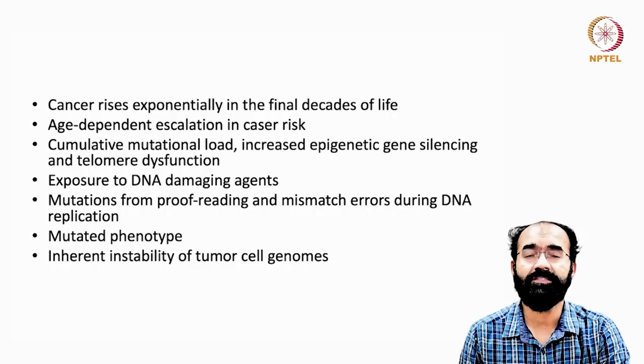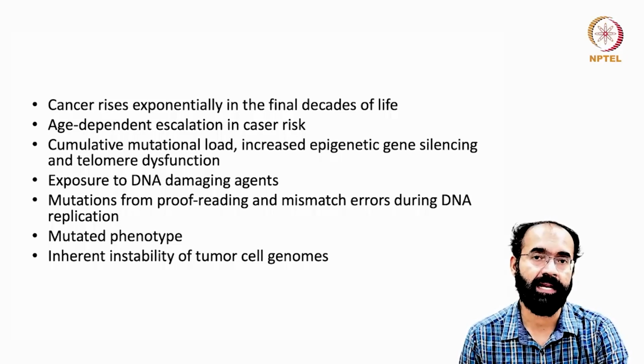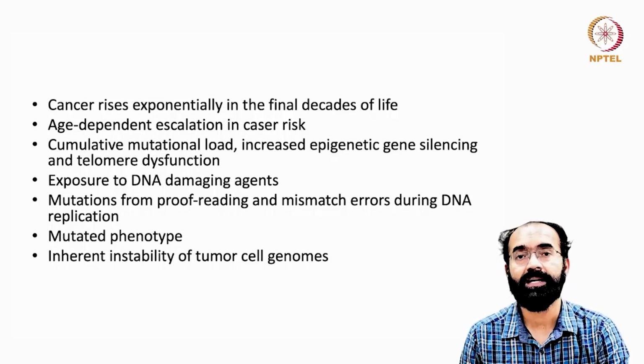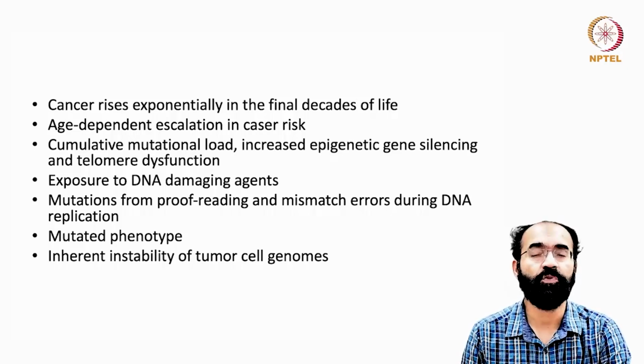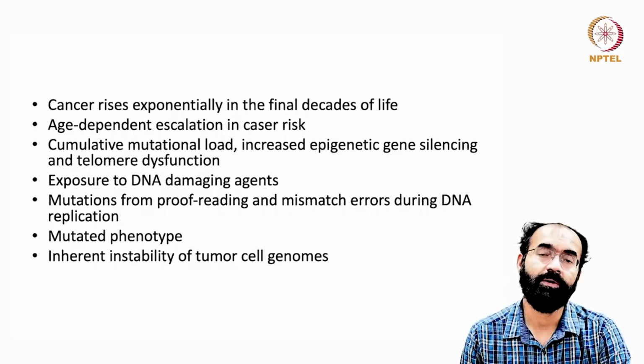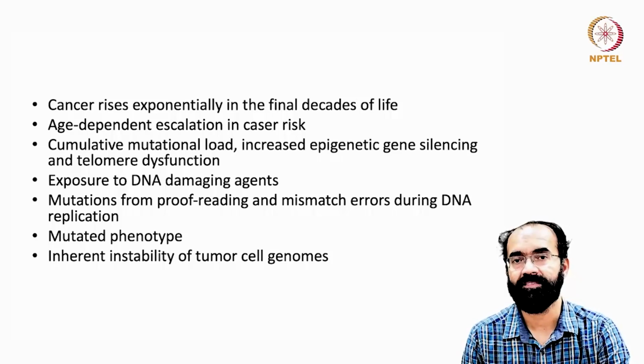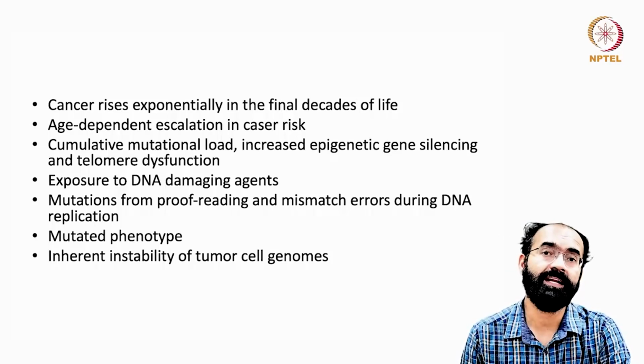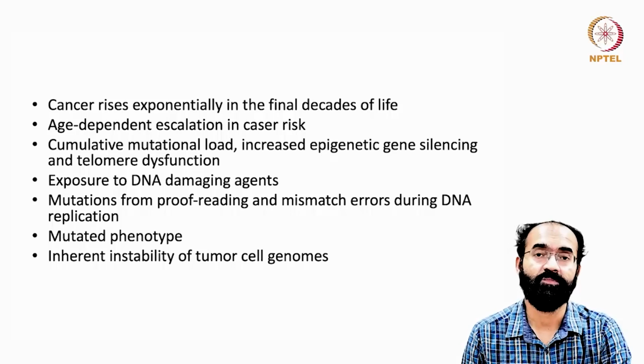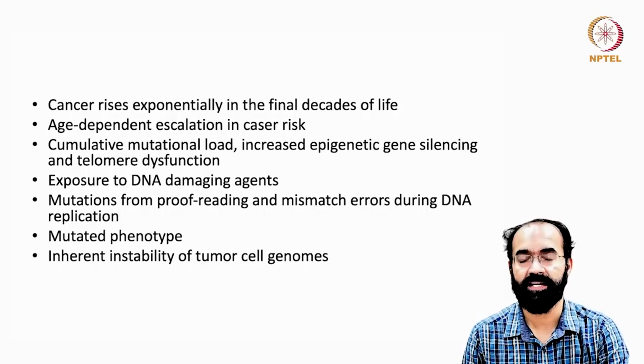Normally when DNA is replicated, there is always a possibility of having errors, and our DNA polymerase has proofreading activity. RNA polymerase also has proofreading activity. Only the RNA dependent RNA polymerase from some viruses does not have proofreading activity.